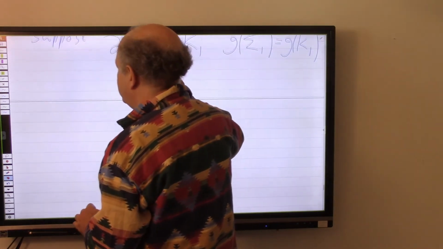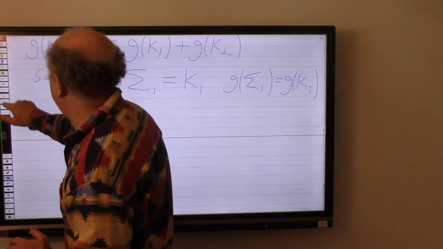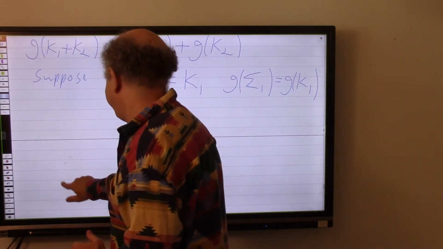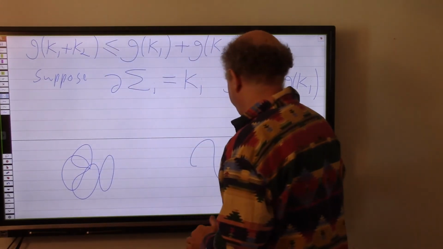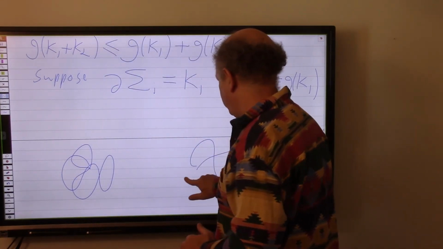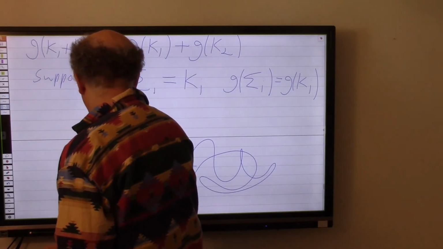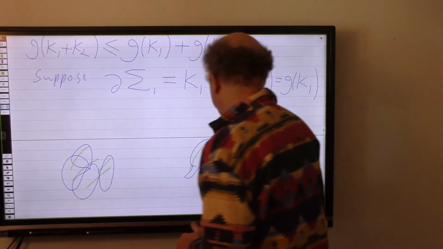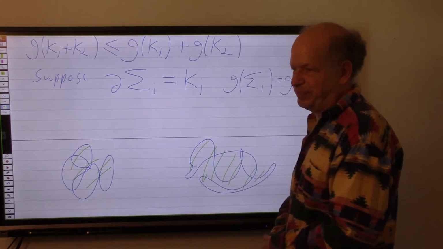Okay? So I have K1 and I have K2, and each of them has a surface, and sorry for the very schematic drawing.